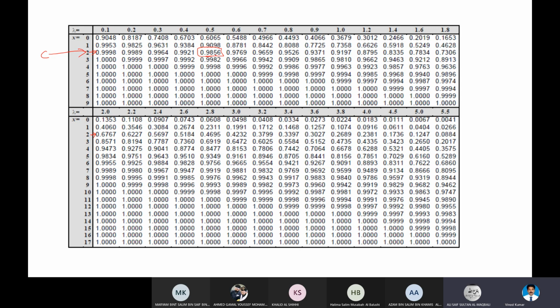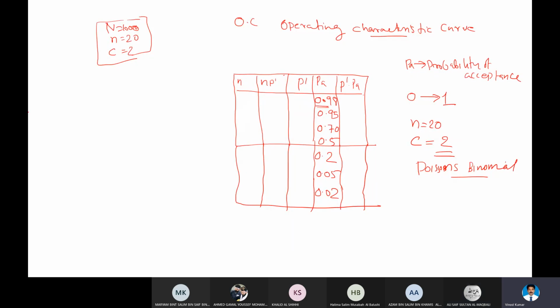Yes. So here I will prepare another table. This is only for assumption. 0.9856 is the next table. So what I will do, I will draw another table here. Actually, you have to draw only one table, but still.